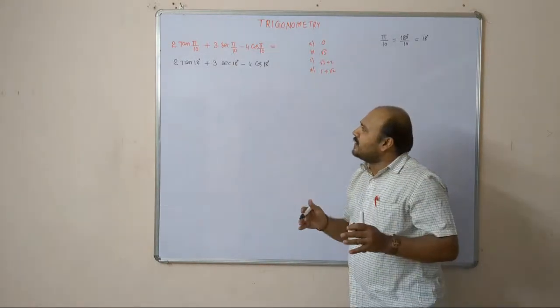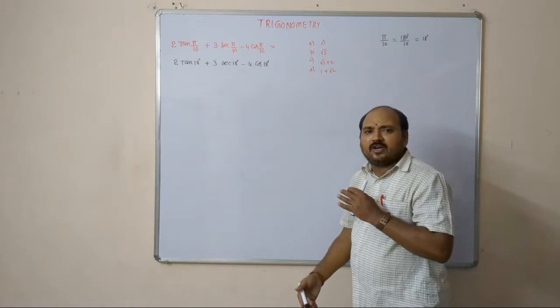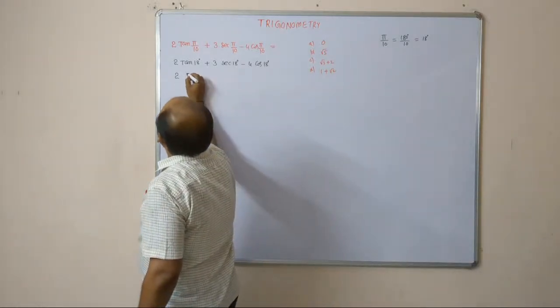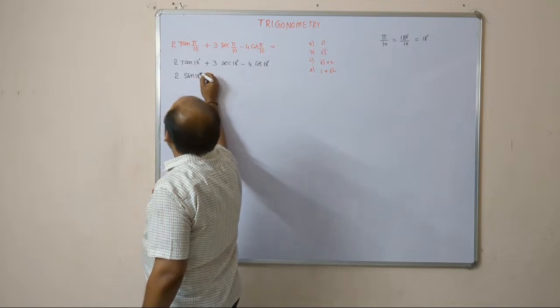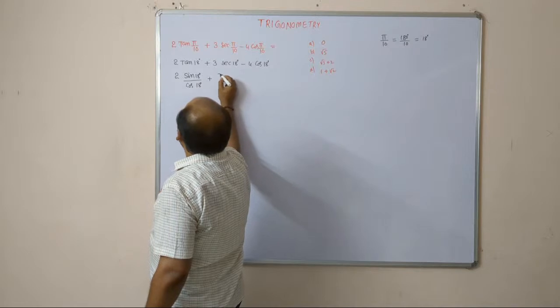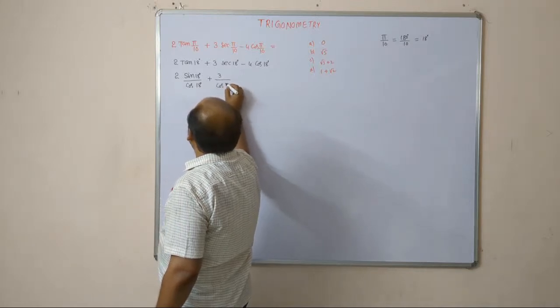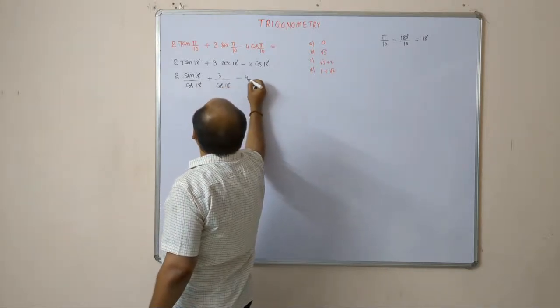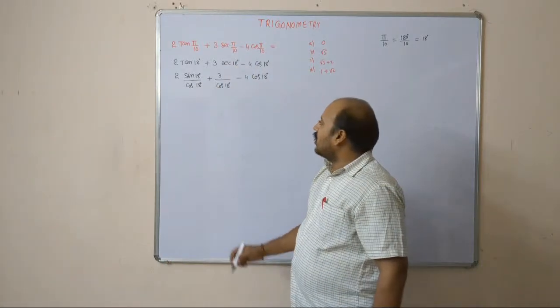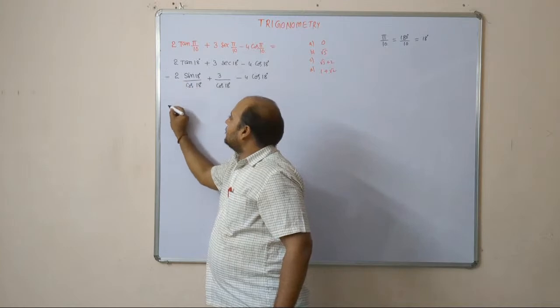Now write tan in terms of sine and cos, and secant also in terms of cos. So 2 sine 18 degrees divided by cos 18 degrees, plus 3 by cos 18 degrees, minus 4 cos 18 degrees.